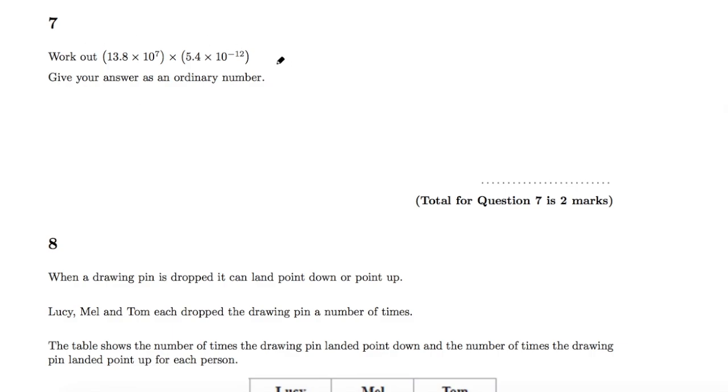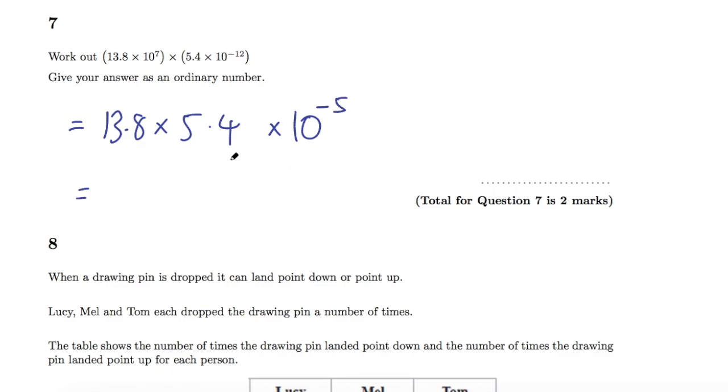Question 7 says, work out 13.8 times 10 to the power of 7 multiplied by 5.4 times 10 to the minus 12. Give your answer as an ordinary number. Okay, so as this is a calculator paper, this is not too challenging. One way you could do it is to say that 13.8 times 5.4 multiplied by 10 to the minus 5 will give you the answer.